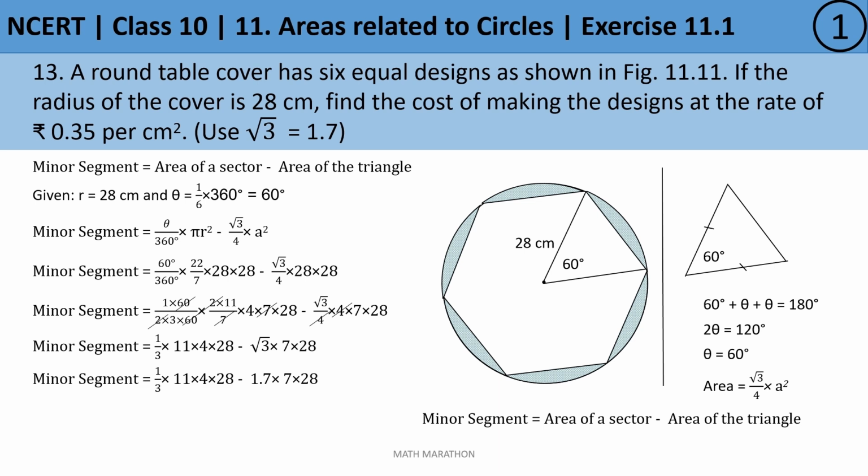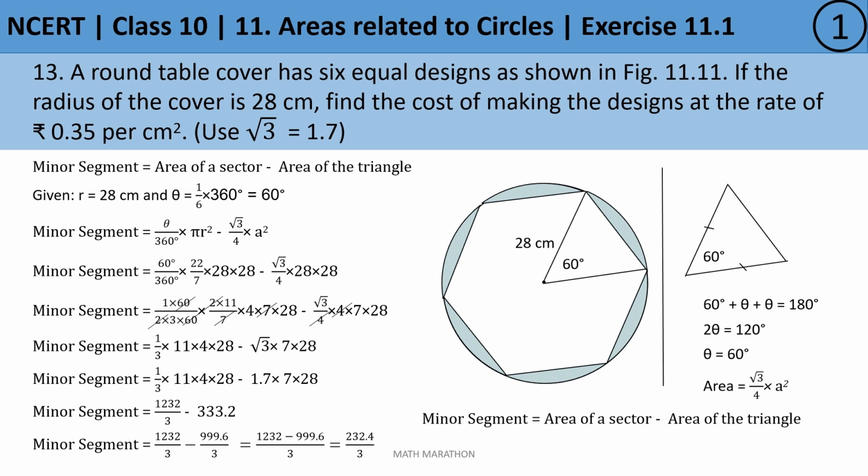Minor segment is equal to 1 by 3 multiplied by 11 multiplied by 4 multiplied by 28 minus 1.7 multiplied by 7 multiplied by 28. Minor segment is equal to 1232 by 3 minus 333.2.